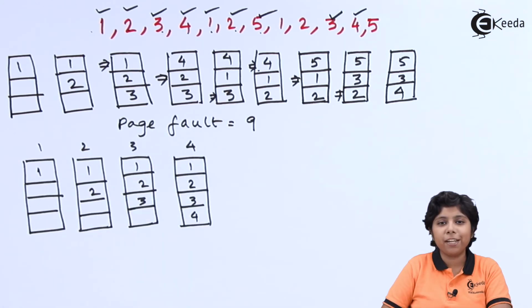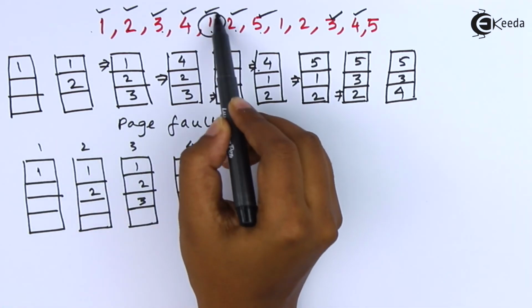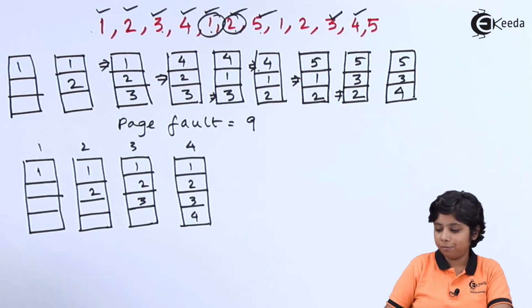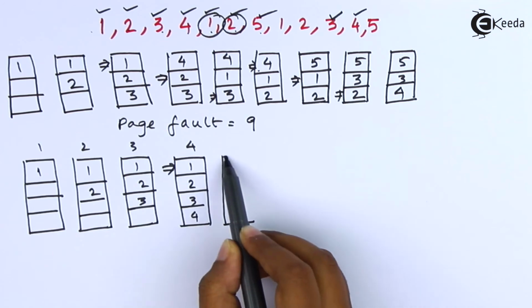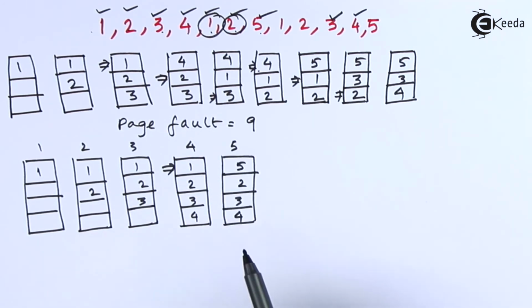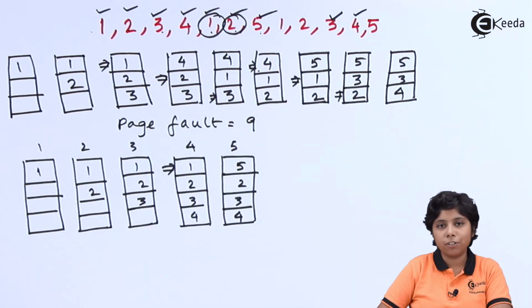Now 1 is appearing, so it will not cause a page fault, and 2 is appearing, it will also not cause a page fault. Now 5 is appearing, it will cause a page fault. Again 1 will cause a page fault.